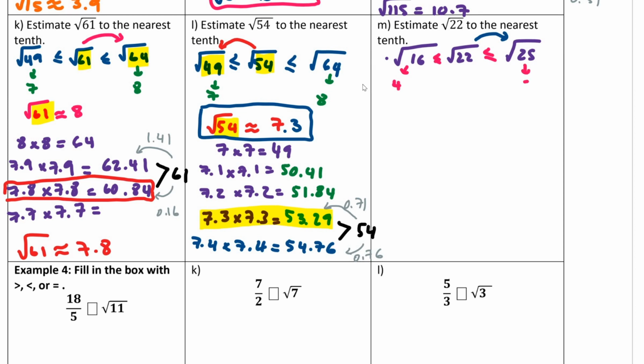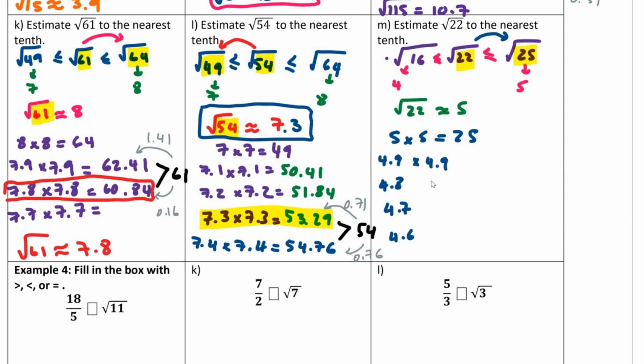The square root of 25 is 5. The square root of 22 is approximately 5. The square root of 22 is less than 25, so the actual value is less than 5. It's less than 5, so 4.9, 4.8, 4.7, 4.6. Multiply each by itself that many times.